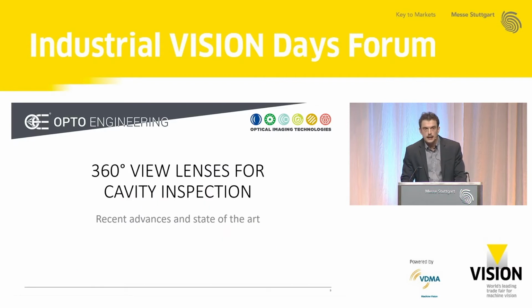But now let's come to the nitty-gritty of the presentation, and so 360-degree view lenses for cavity inspection. As you can imagine, these lenses belong to the second group that I just mentioned, so inner inspection lenses.